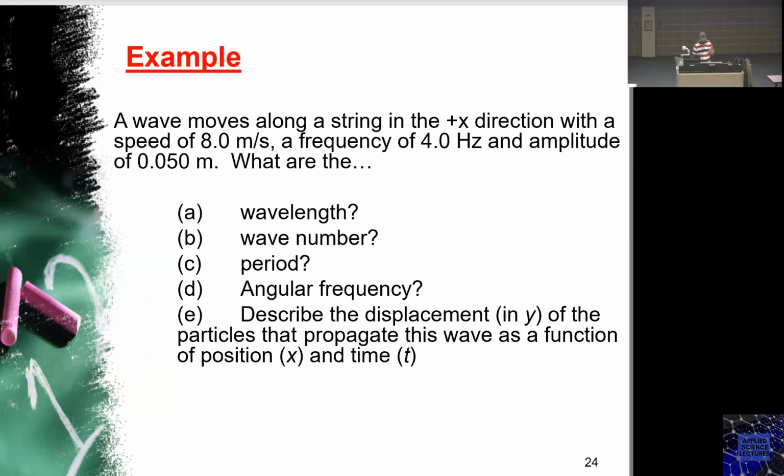So here we have it going in the positive x direction with a speed of 8 meters per second, a frequency of 4 hertz, and an amplitude of 0.05 meter. What are the wavelength, wave number, period, the angular frequency, and at the end we need to put all this in the wave function to describe that wave.